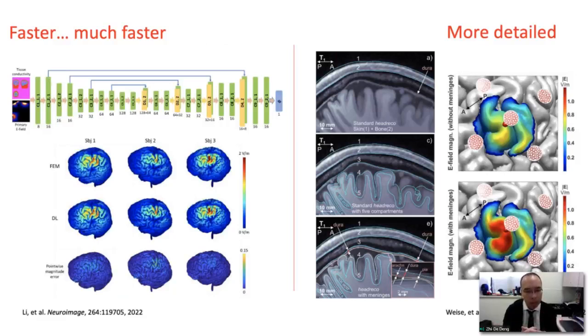In this recent publication from Konstantin Weise and Sergey Makarov, they examined the introduction of these finer structures, the dura and the pia mater, and their influence on the electric field. It is shown in this work that for certain stimulation conditions, such as focal TES, inclusion of meninges in these electric field models substantially changes the electric field.